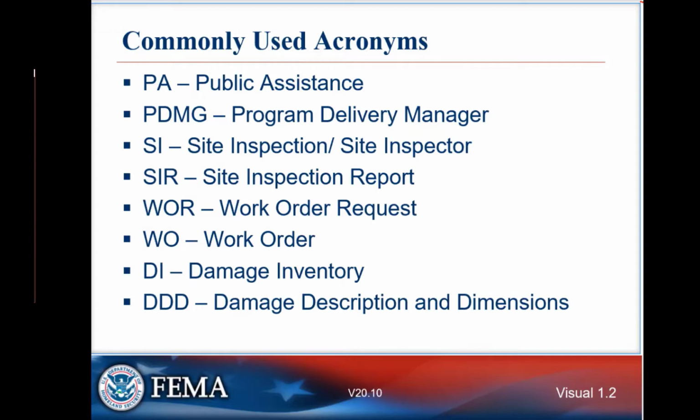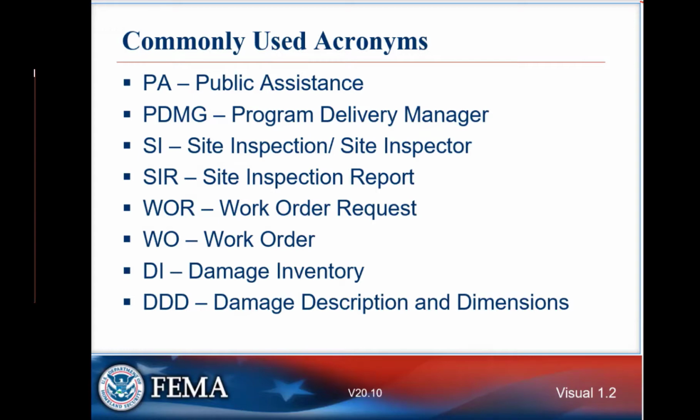We also have DI, which is damage inventory. And this is your list of impacts to your community. You also might hear DILI, which is a damage inventory line item, and that is talking specifically about one particular line item within that list of impacts.